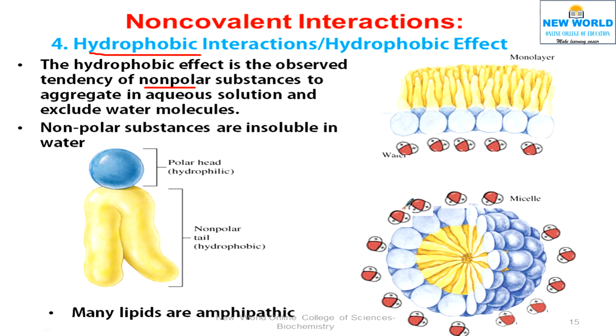Now when the non-polar substances cluster together and aggregate, we call it a micelle. Okay, micelle. In lipids, we sometimes call them amphipathic because they have a polar part which is small, and if it's polar, definitely it becomes hydrophilic, and we have a non-polar part which is hydrophobic, the bigger part.